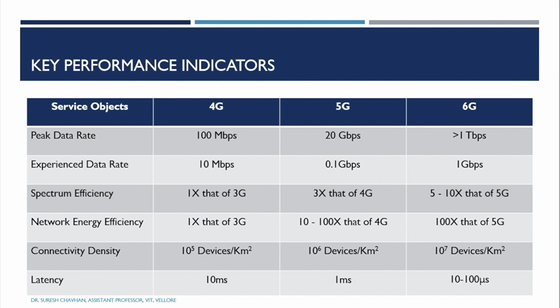And in terms of network energy efficiency, in 4G 1 time of 3G, and 10 to 100 times that of 4G in 5G, and 100 times that of 5G for 6G.